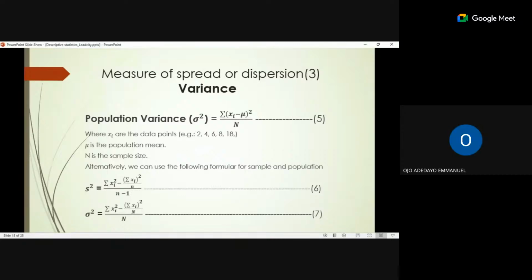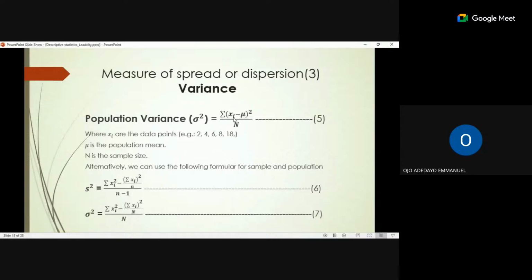Good. Now, you create another column, which is the second column, called xi minus mu all squared. What do we mean by that? Remember that the first column is xi minus mu. So all those values that you have, when you carry out 2 minus 7.6, you will square that value.